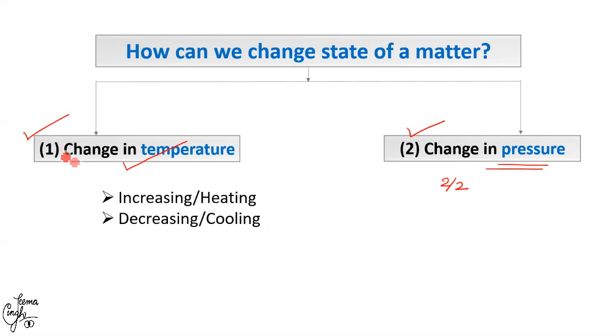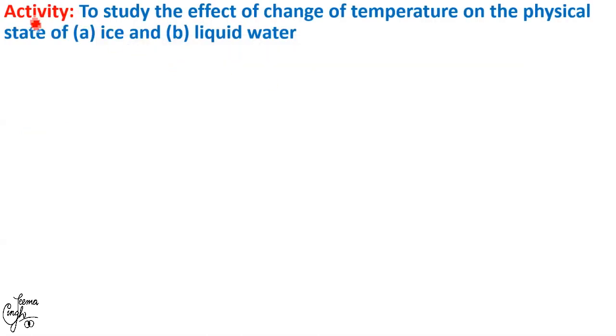Coming to the first method, we just learned that by cooling or heating water, we can change its state from liquid to solid ice and water vapors respectively. This means by changing the temperature, we can change the state of a matter. To understand this, let us undertake a simple activity.